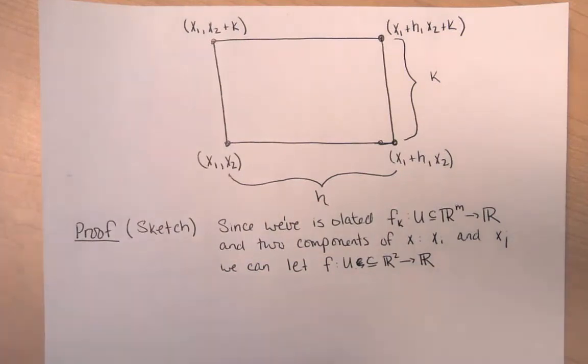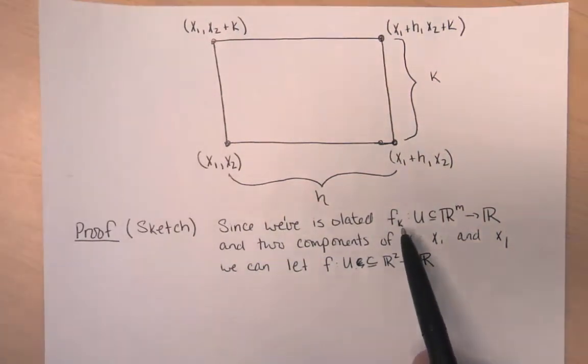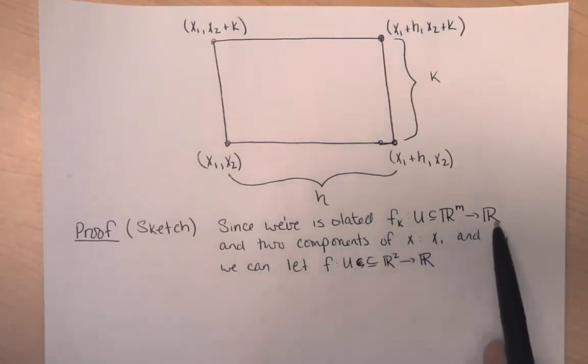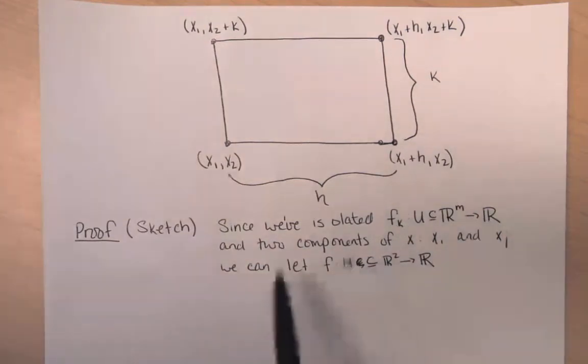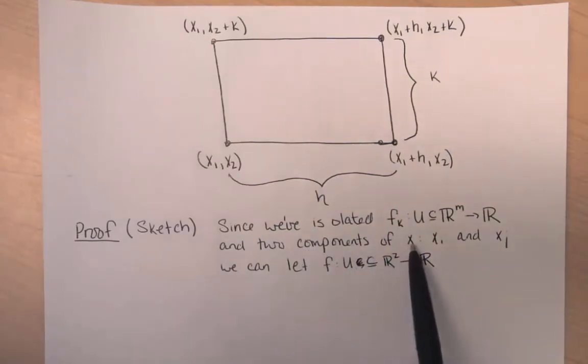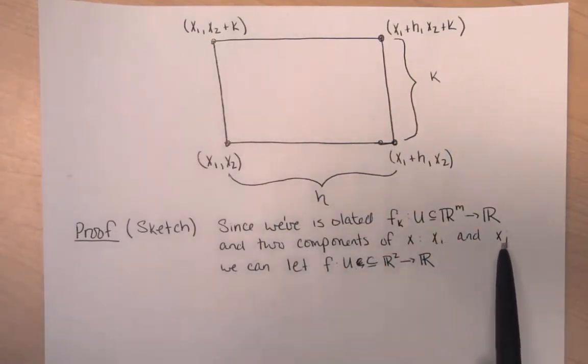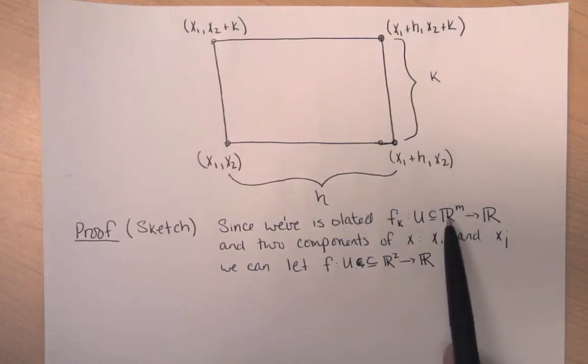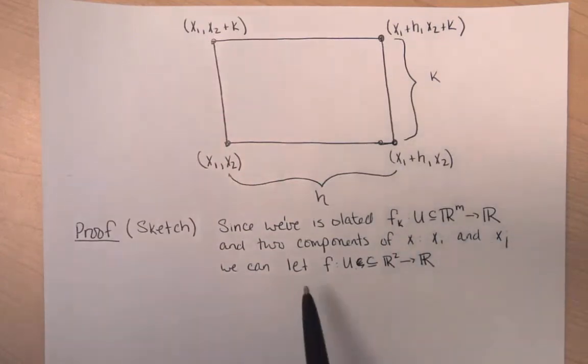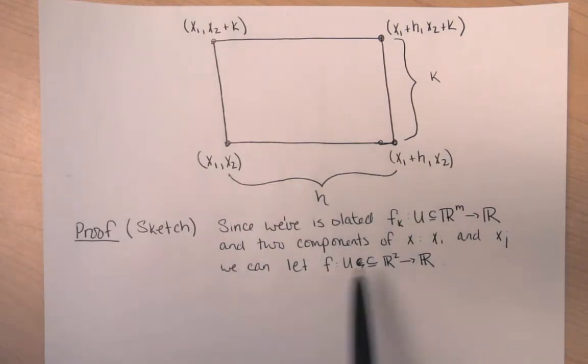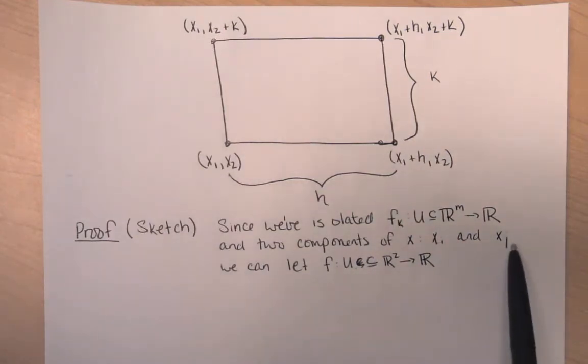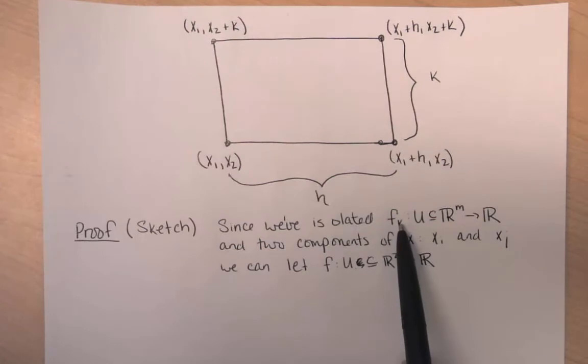Now, since we've isolated in the theorem a single fk that maps Rm to R, and two components of x, the ith and the jth, then let's just consider a function f that maps R2 to R, because we're just looking at f of xi and xj at the kth entry.